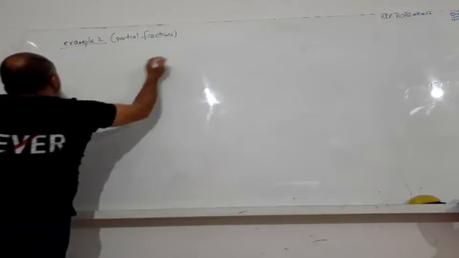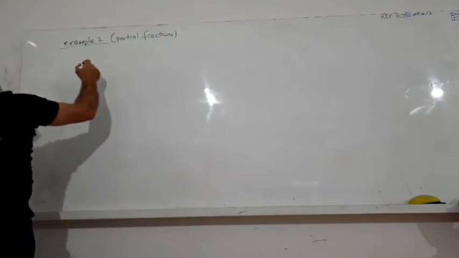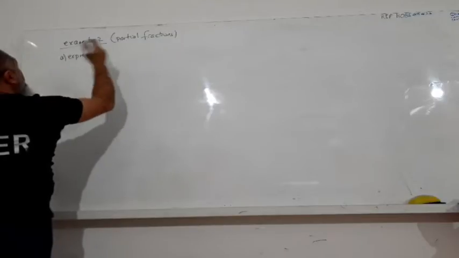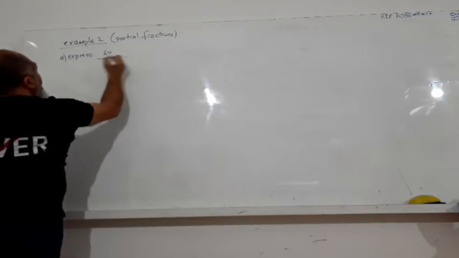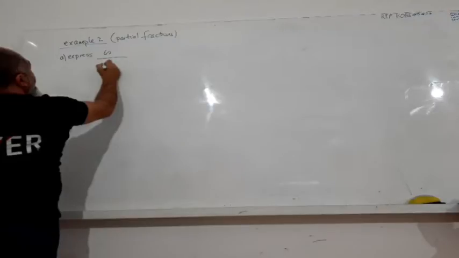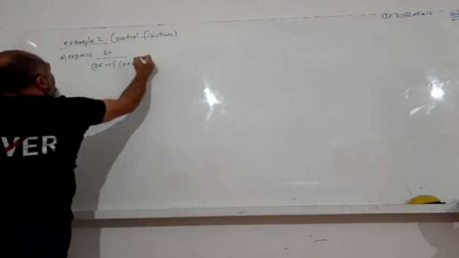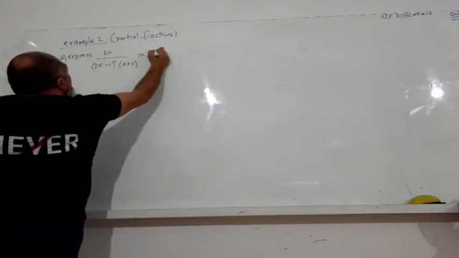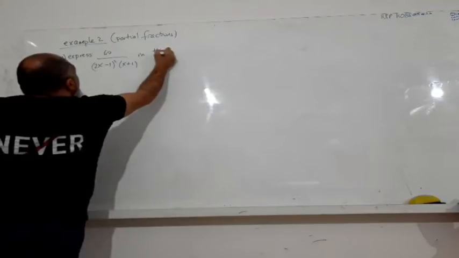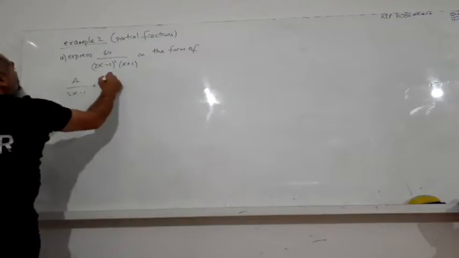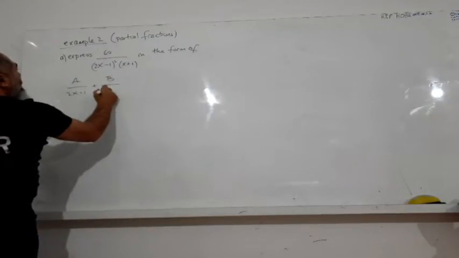Part A. Express 60 over (2x minus 1) squared times (x plus 1) in the form of a over 2x minus 1 plus b over (2x minus 1) squared plus c over x plus 1.